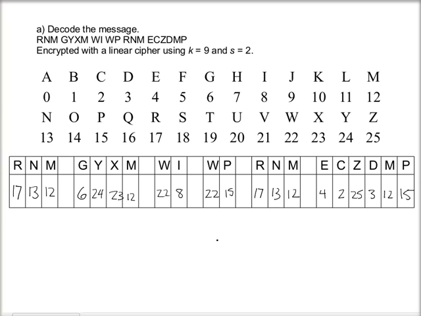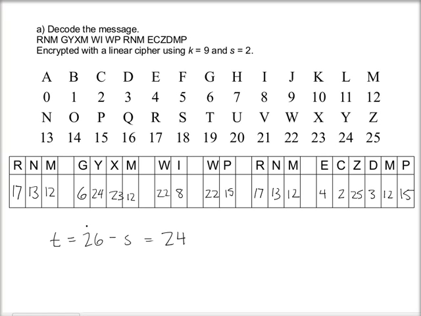Next we need to undo the linear cipher. So first we need to undo the shift. So we're going to shift again, this time by t equals 26 minus s, and s was 2, so that's going to be 24. And then we need to undo the multiplication by using the appropriate decimation cipher decryption value, which you can find from your book.